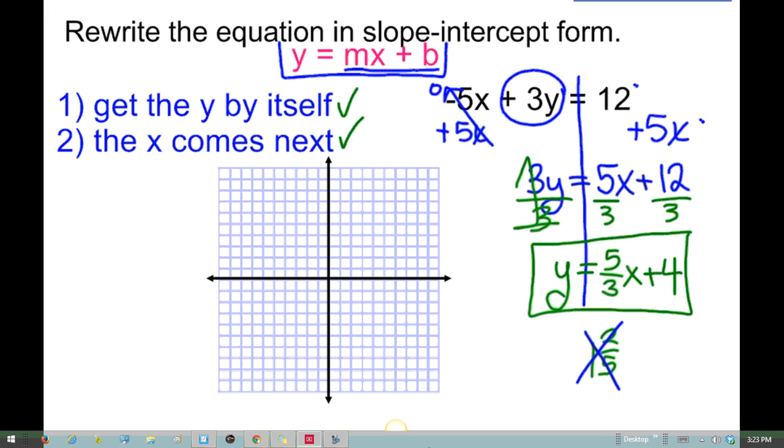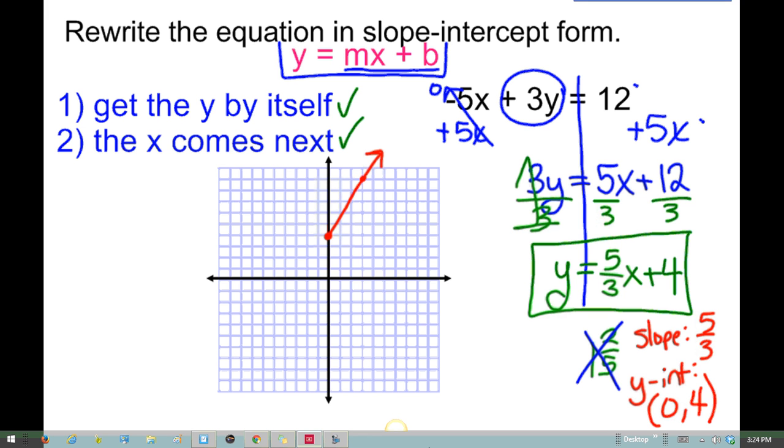My slope is 5 over 3. And my y-intercept is (0, 4). So I can come over to my graph and put a point at (0, 4). That is my starting point. And my slope says rise 5, 1, 2, 3, 4, 5, and run 3, 1, 2, 3.